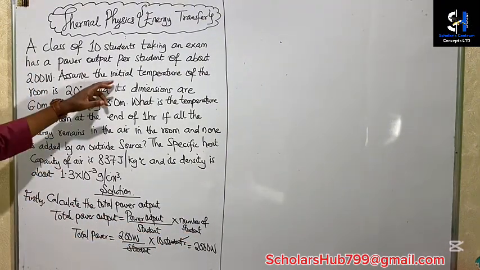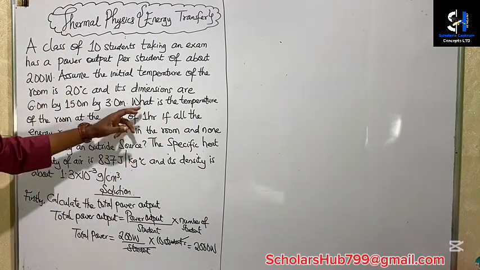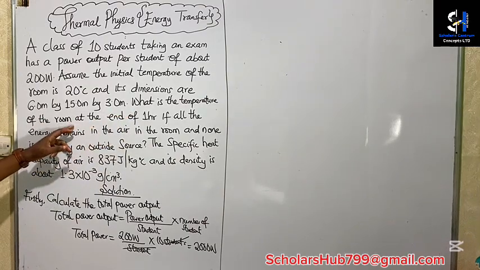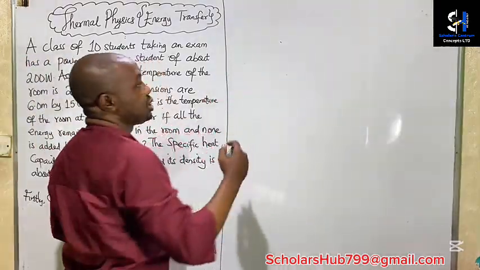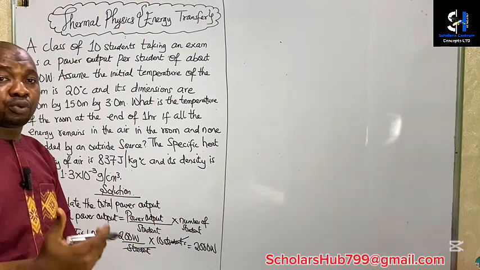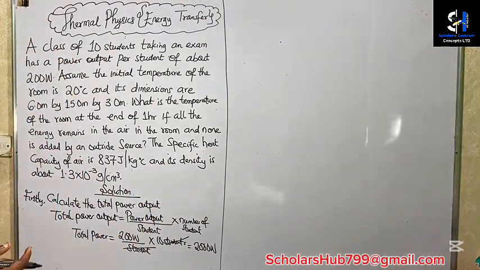Now, assume the initial temperature of the room is 20 degrees. Remember, we want to find out the temperature of the room at the end of 1 hour. So which means energy is the product of power, the total power, and time taken.